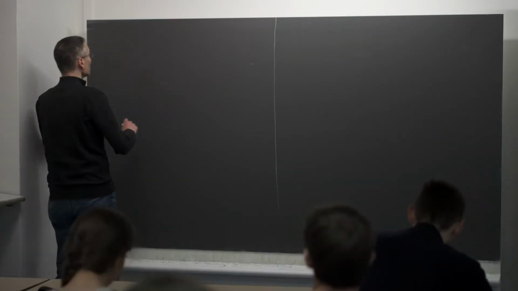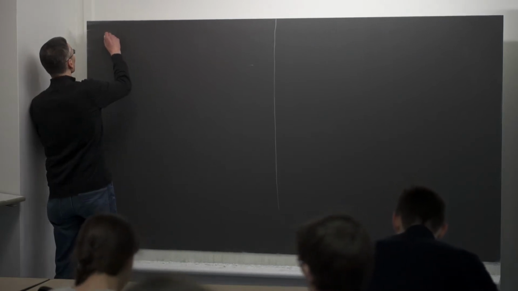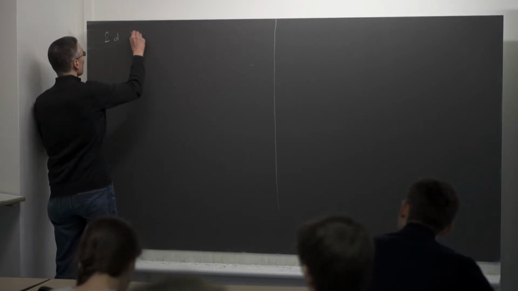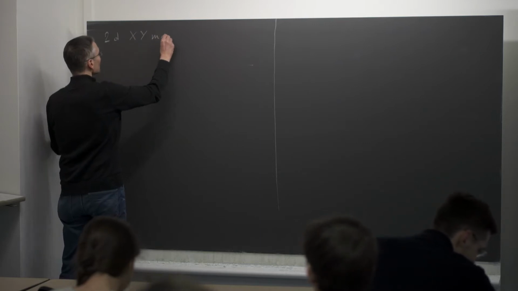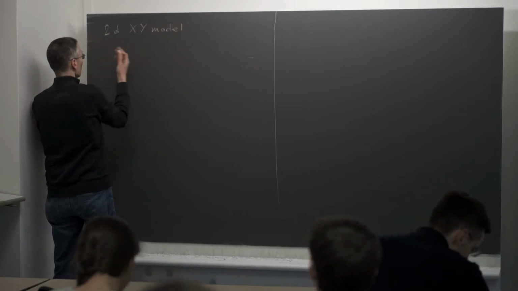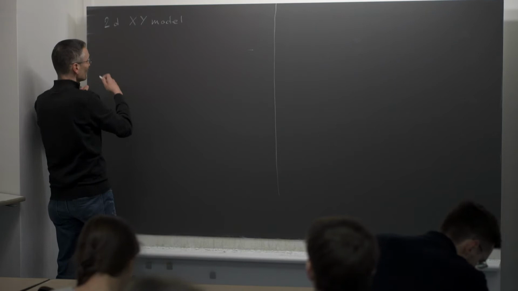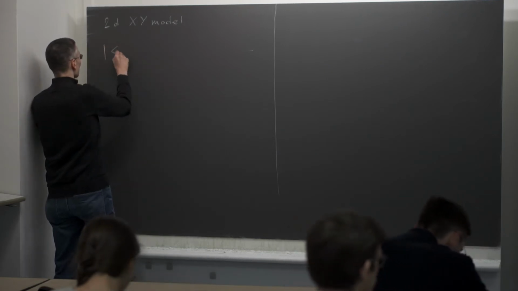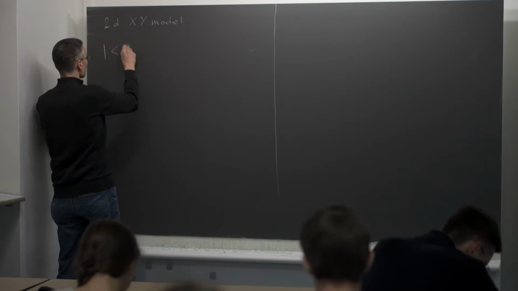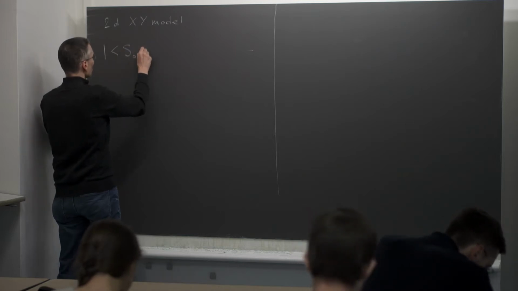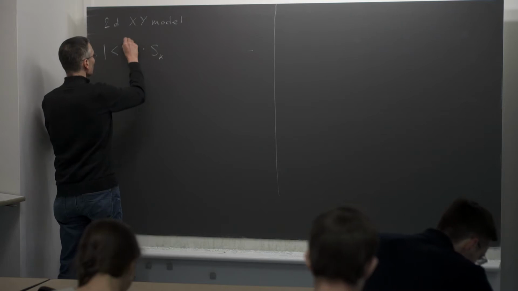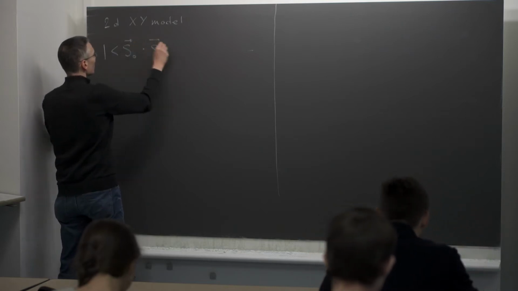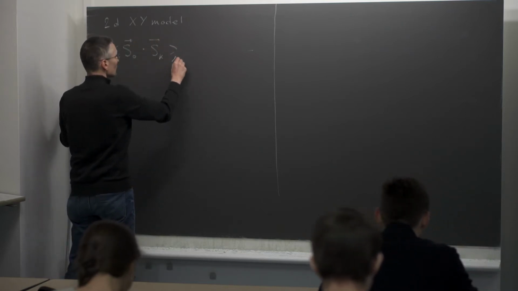So last week we started looking at this two-dimensional XY model, and more precisely we wanted to prove an upper bound on the two-point function. So we are looking at the absolute value of the expected value of S0 scalar product Sk in a box lambda.